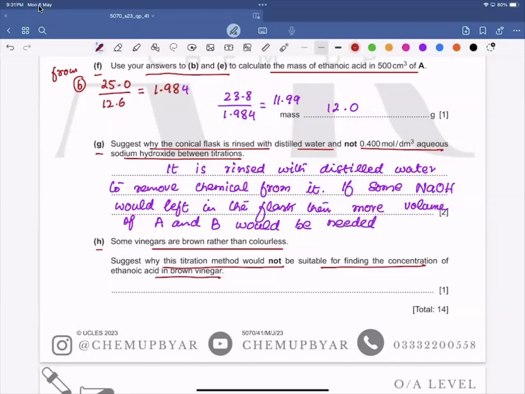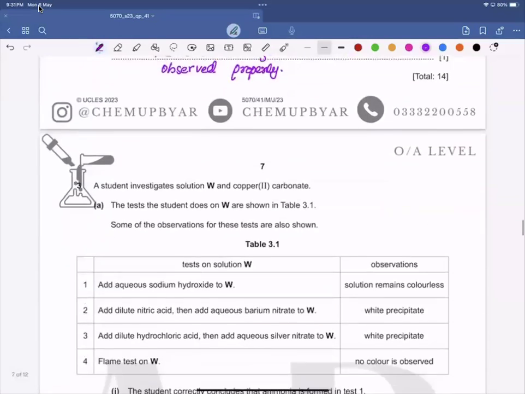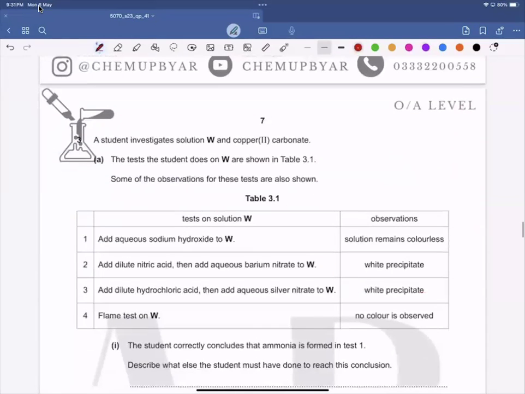The color change would not be observed properly. Okay, now question number 3.